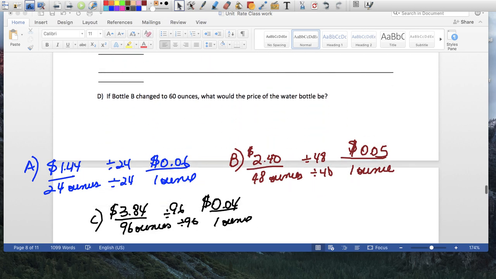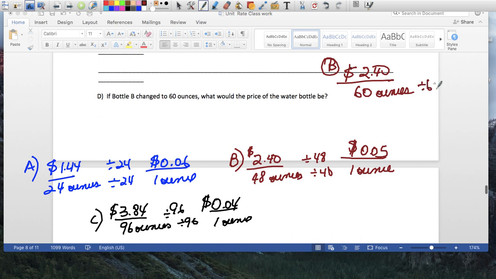Then it says, what if we change bottle B? Bottle B was $2.40, but we're going to change the 48 ounces to 60 ounces. So what happens if you change to 60?